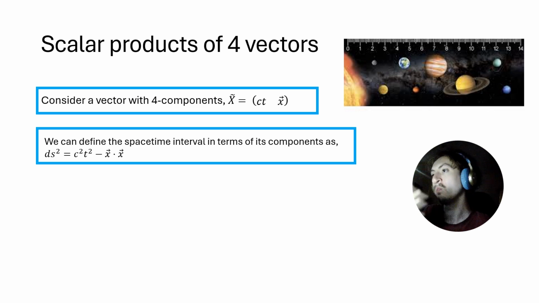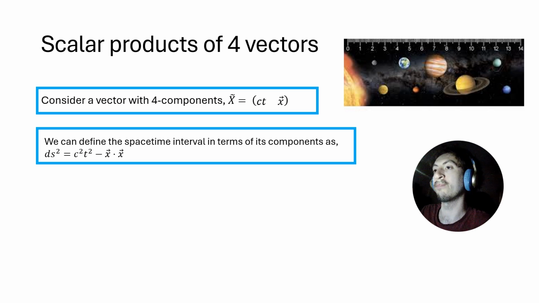And then for this vector we can define its length. In other words, the length of a vector that links an event that occurs at the origin of our coordinate system to the event which occurs at time t and point vector x in physical space.